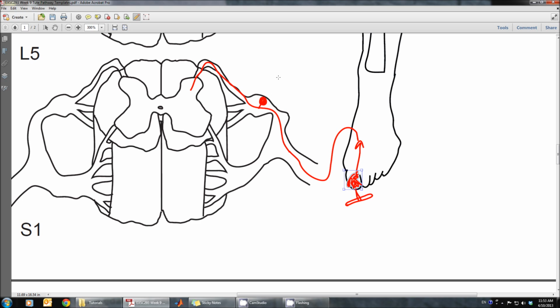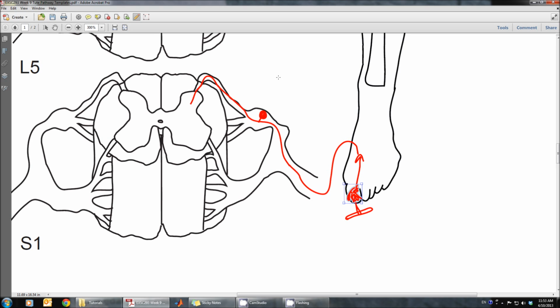So make sure you label the soma and other important parts in a neuron. So this is the dorsal root ganglion. Make sure you spell it all out in the exam.